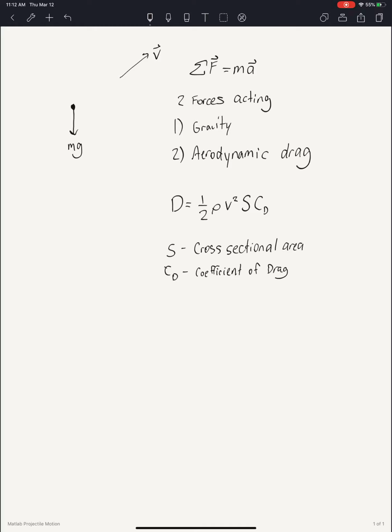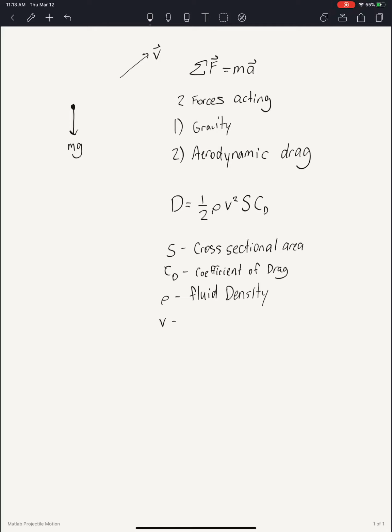So we're going to use a spherical object, and we're going to use a coefficient of drag appropriate for that object. The coefficient of drag we'll talk about a little bit more in just a moment. Rho is the air, or I should say perhaps fluid density. I don't want this to be confusing. People often think that fluids are liquids, and that's not true. Air is a fluid, so in this case we're talking about air density. And everything else there is pretty clear.